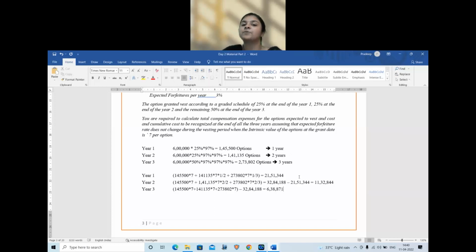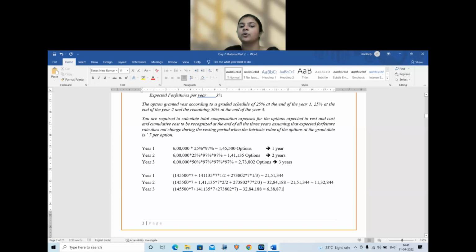Suppose if the option values are changing, or if in between there is a lapse, then your answers will change. So if you do cumulative, whichever situation is there, vested lapse or unvested lapse or graded vesting, for the cumulative method answers will always be correct.